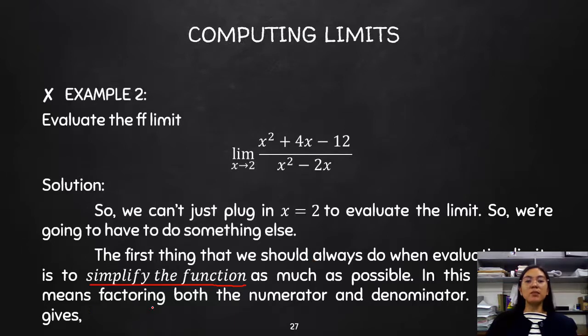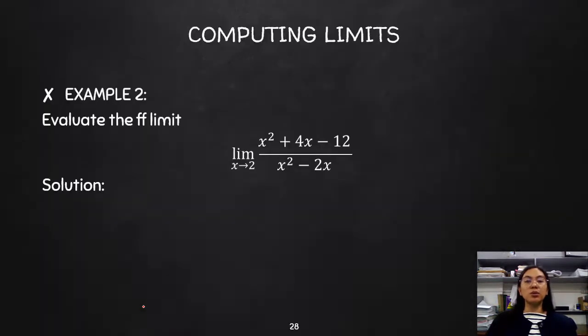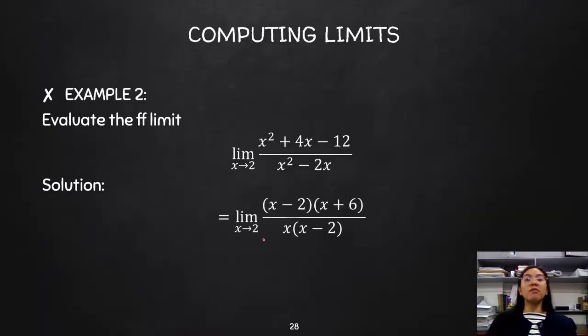In this case, that means we have to factor out both the numerator and the denominator, and upon doing so, it will give us this particular value. So, parang finactor out lang natin itong value na to, given as x minus 2 multiplied by x plus 6 divided by, sa baba, we factored out x, so that will be x multiplied by x minus 2.